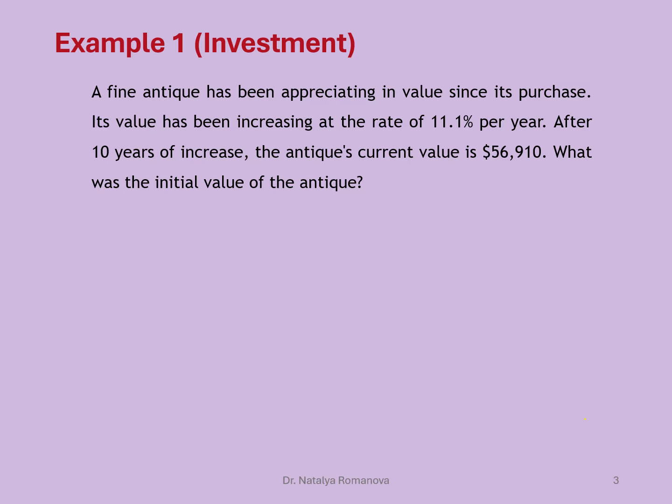In the first example, we are going to discuss how we can use exponential growth and decay formulas for an investment problem. First of all, we need to write the given information. We have here an increasing process, so we will use the exponential growth formula, y equals a times (1 plus rate) to the t.